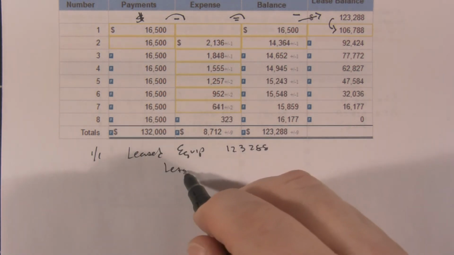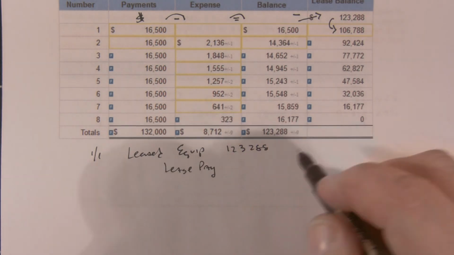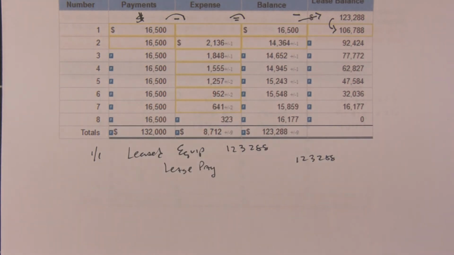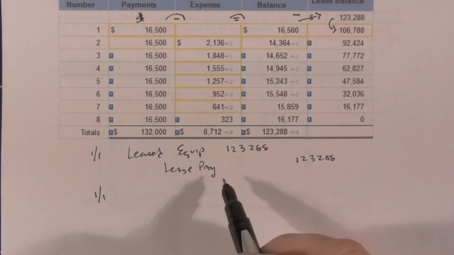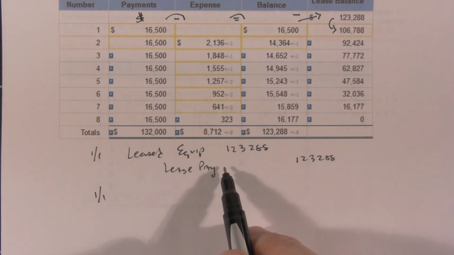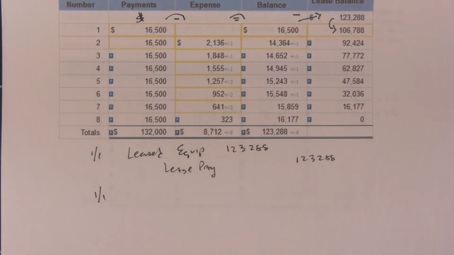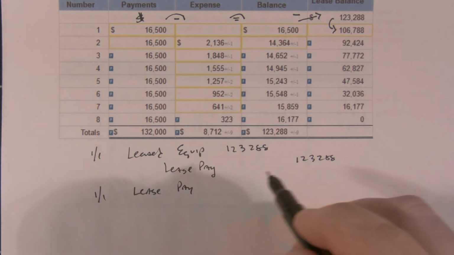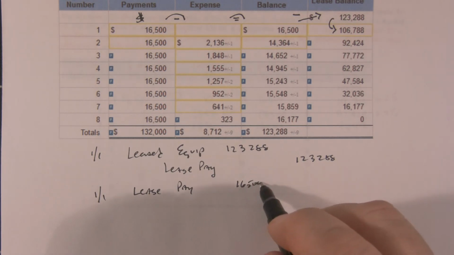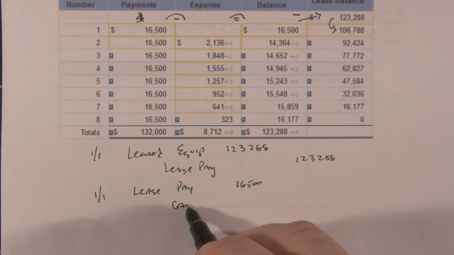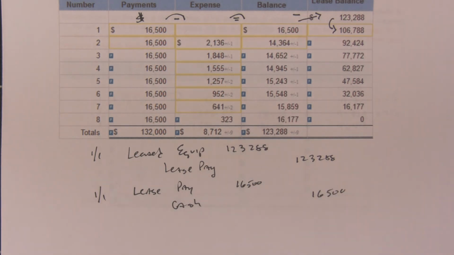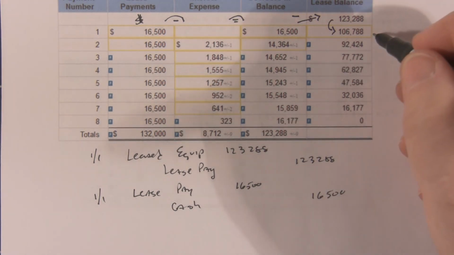We have the lease payable, same amount, 123,288. We also have at 1/1 a reduction to the lease payable of the 16,500. So we have a debit to lease payable, 16,500, and a credit to cash, 16,500. Okay, and that's this entry.